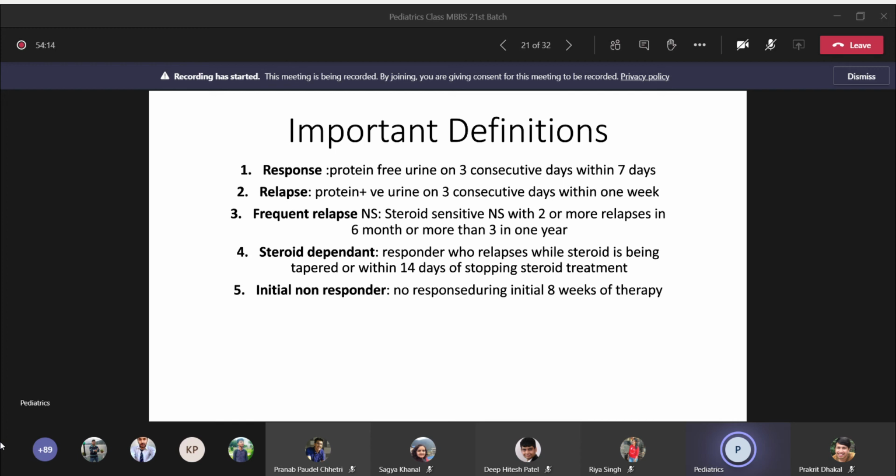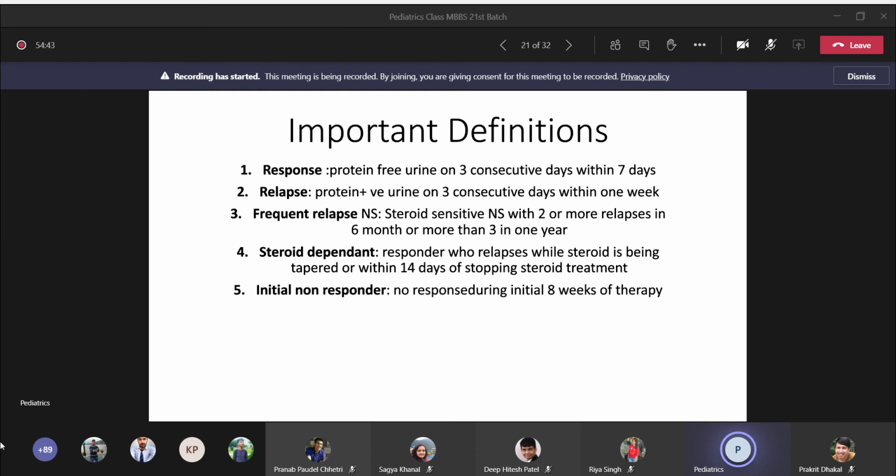But some patients may be earlier responders and there might be late responders also. If the patient could not respond even up to 2 months or 8 weeks of steroid treatment, it is called steroid resistant. So response means the effect of medication on the nephrotic syndrome or proteinuria.